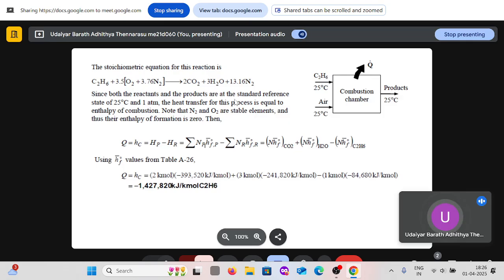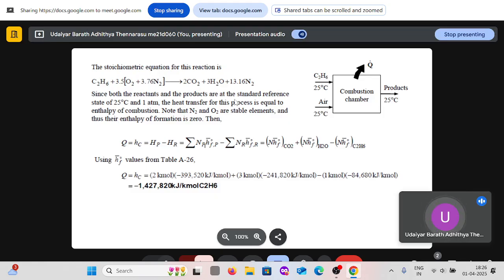Ethane is combusting with stoichiometric air, so it gives a complete combustion, so 100% theoretical air. So the combustion equation looks like 1 mole of ethane requires 3.5 moles of O2 plus 3.76 nitrogen to combust and form 2 moles of CO2, 3 moles of water and 13.16 moles of nitrogen.